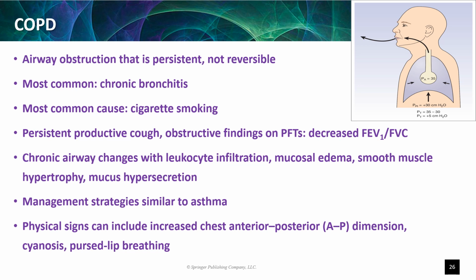COPD is a complex disorder with overlapping disease processes that include airspace enlargement due to tissue destruction, or emphysema, and chronic inflammation with cough and sputum production, or chronic bronchitis. Expiratory airflow limitation in patients with emphysema is due to decreased elastic recoil and occurs simultaneously with the increase in lung compliance.